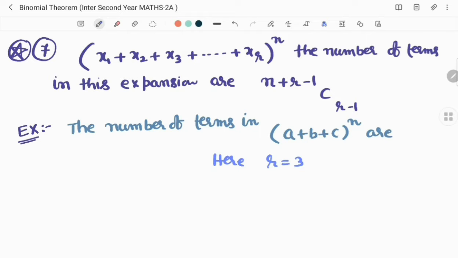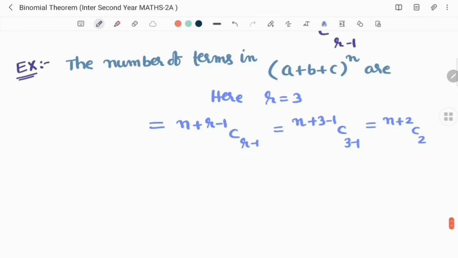So therefore the number of terms are, first write the formula, n plus r minus 1 C r minus 1. In place of n, n only. In place of r, 3: n plus 3 minus 1 C 3 minus 1, that is equal to n plus 2 C 2. So from now onwards, you remember it as a formula.